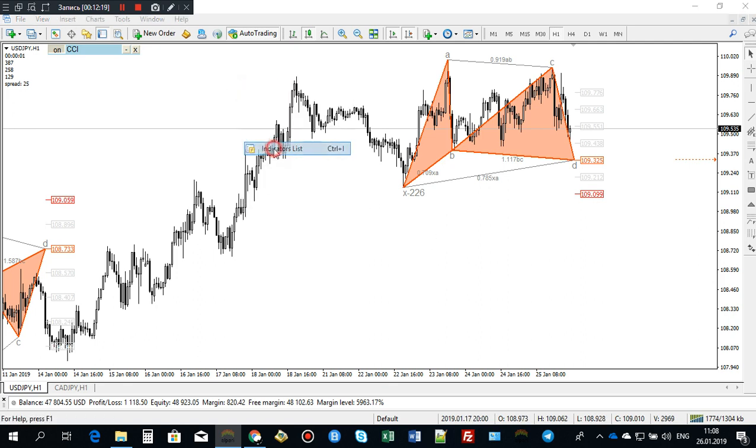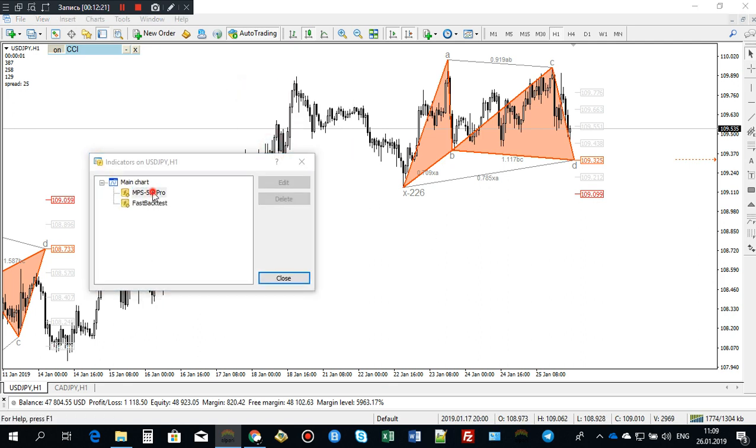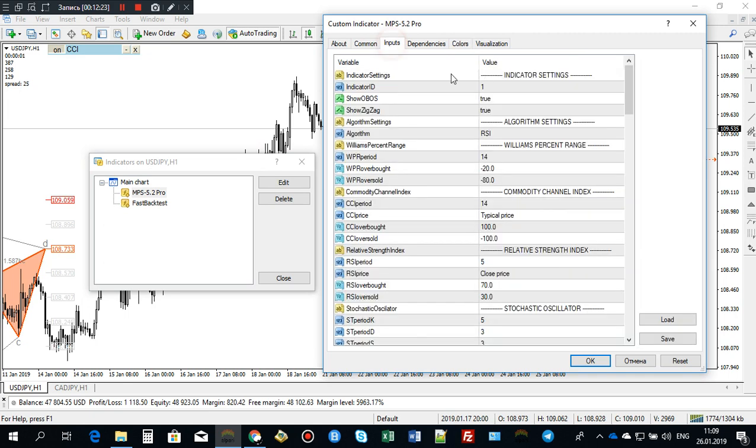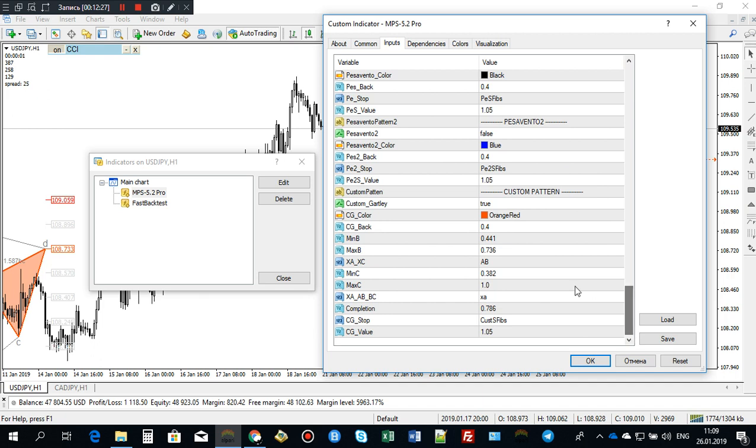Here are the ratios, by the way, for the pattern that I'm looking at. So let's go to inputs. The B point is 0.441, exactly the same as where the BAT pattern starts. The maximal B point is 0.736. It is the maximal range where the Gartley pattern ends.